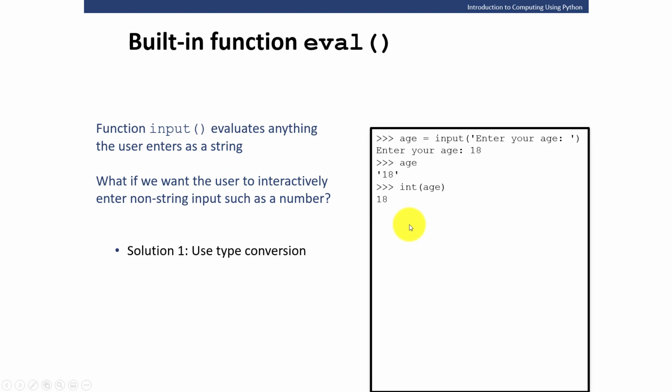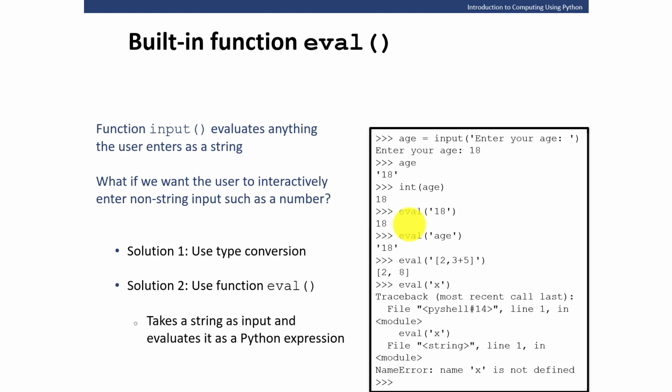And this solution will work. However, we don't know what the user types. We have to make sure that the user enters a number. Let's say the user entered 18.5, or let's say the user entered a string. So what will happen? We don't know. We will get an error.